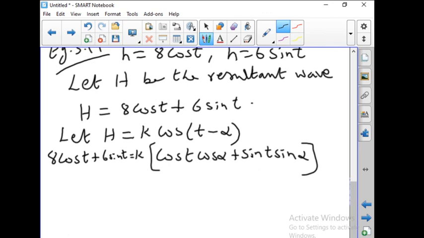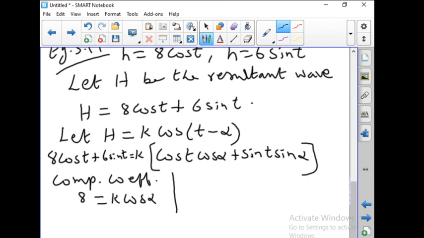So now compare this both. So comparing the coefficients, what we have: 8 cos t is equal to k cos alpha cos t. So what is the coefficient of cos t? Coefficient of cos t in the left is 8 and in the right is k cos alpha.